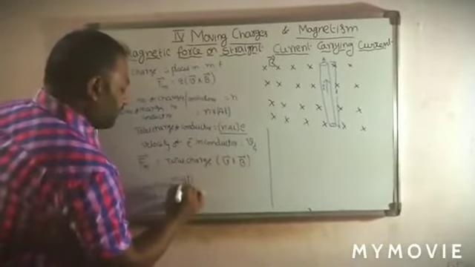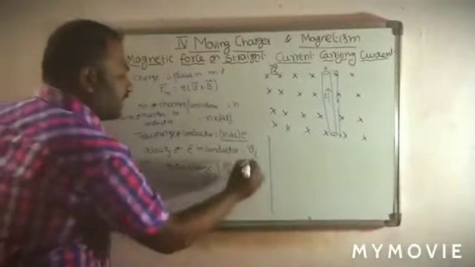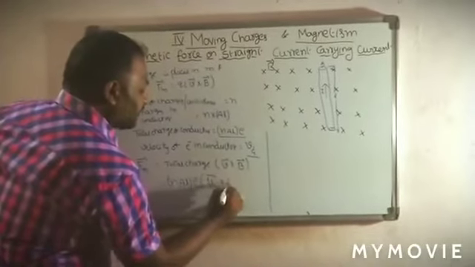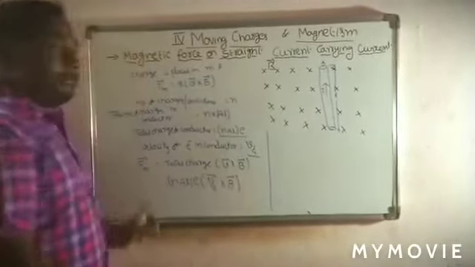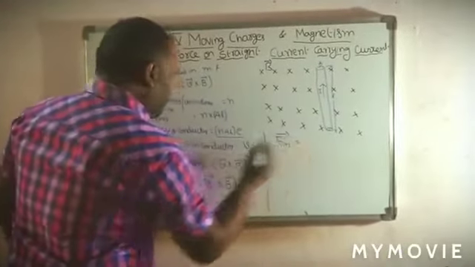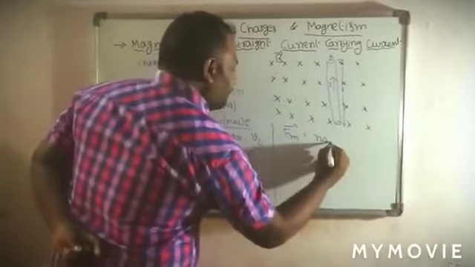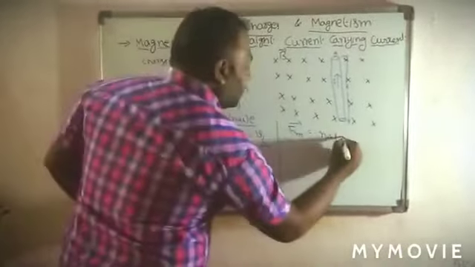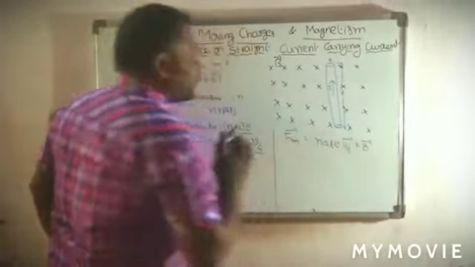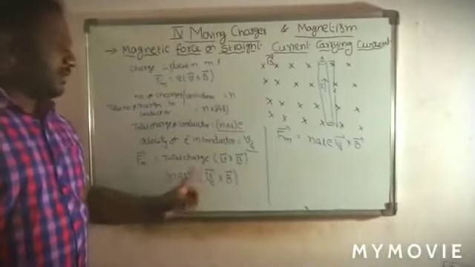Total number of electrons into charge of electron, and the velocity is nothing but the drift velocity, cross B bar. Okay? Now from this, the magnetic force is equal to n into A into L into e into Vd bar cross B bar. Here n A L into e is multiplied with Vd.